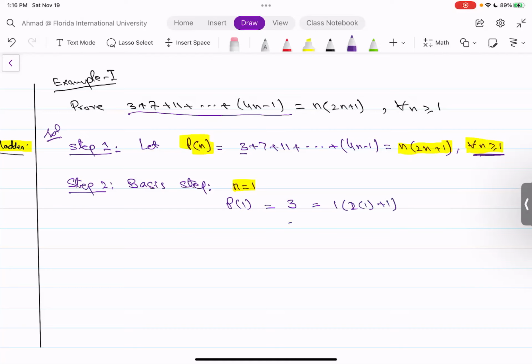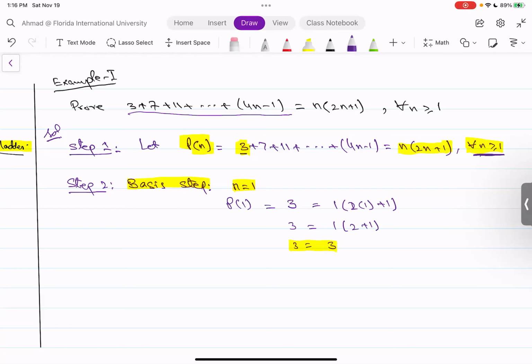That happens to be 3 is equal to 1 into 2 plus 1, right? So that is 3 is equal to 3. So my basis step is correct. I have shown that this statement is correct for the first term of the sequence, right? So this I have shown using my basis step.